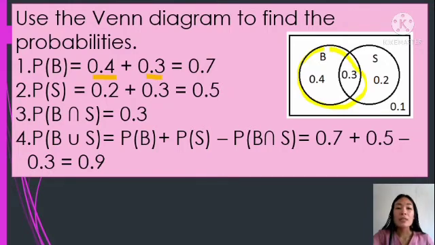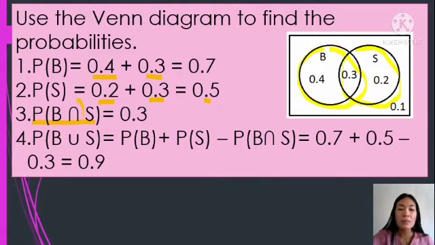Okay. What is the probability of soccer? So this is the event of soccer. So it's 0.2 plus 0.3 equals 0.5. Number 3, what is the probability of the intersection of basketball and soccer?